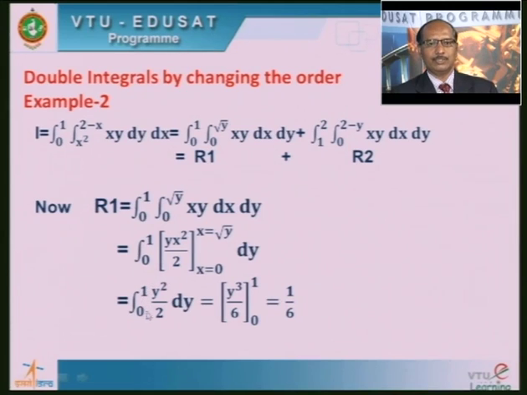Now integrate with respect to y, it is simple. y square integration is y cube upon 3. 3 into 2, 6. So it becomes y raised to 3 upon 6, and substitute the limits 0 to 1. So y equal to 1, it is 1 by 6. Lower limit y equal to 0, it is 0. So the value of R1, the first integral, is 1 upon 6.